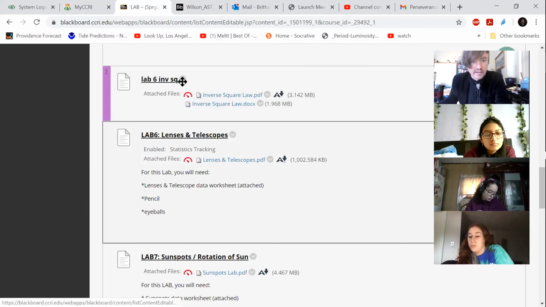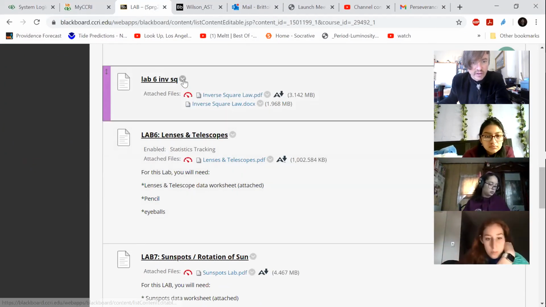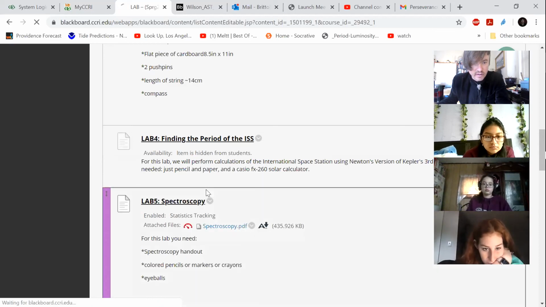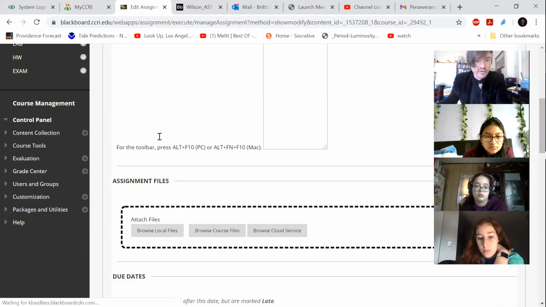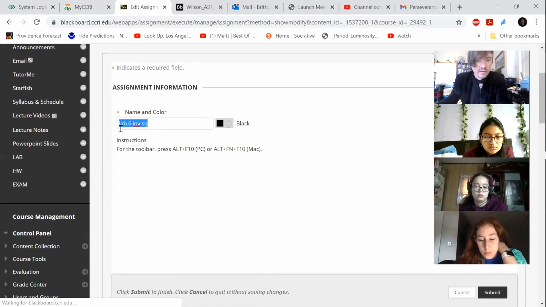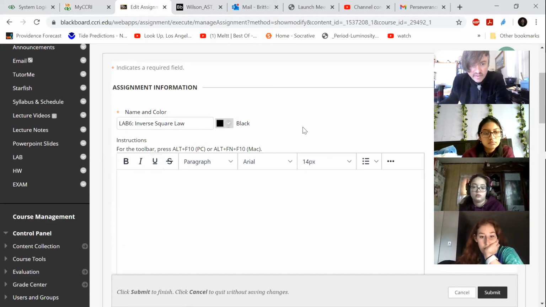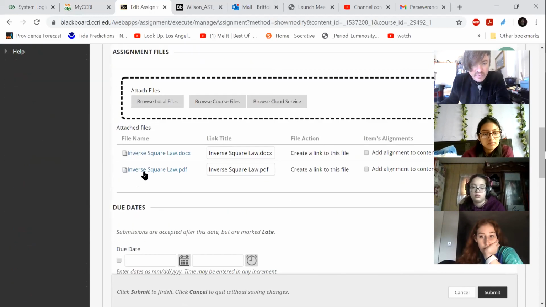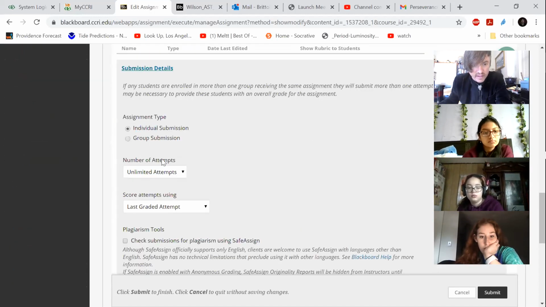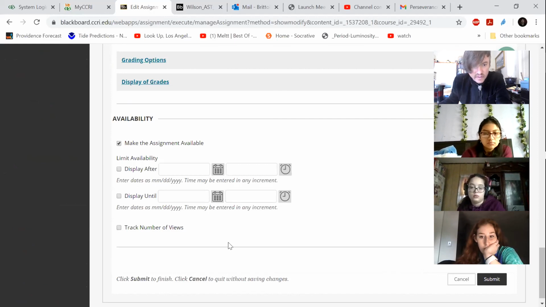I am going to change this. So this is what you should send it to. You'll see a lab now right next to it called Lab 6 Inverse Square Law. And I think I did everything else. I didn't have a description, but I've got the 2 sheets, 10 points, unlimited attempts.